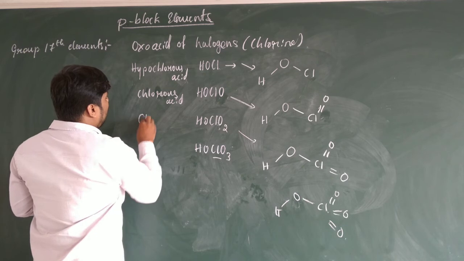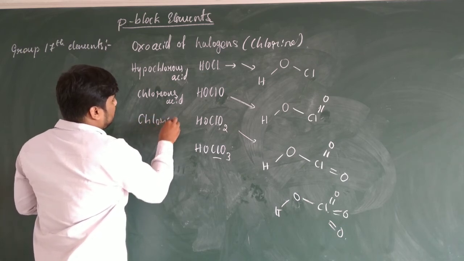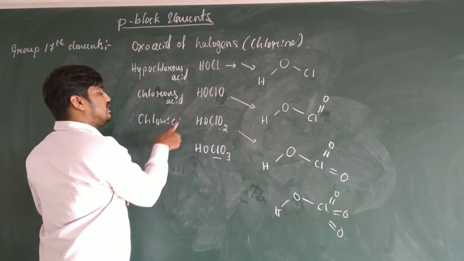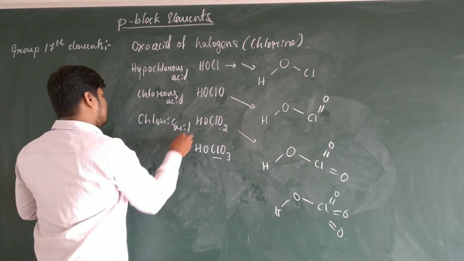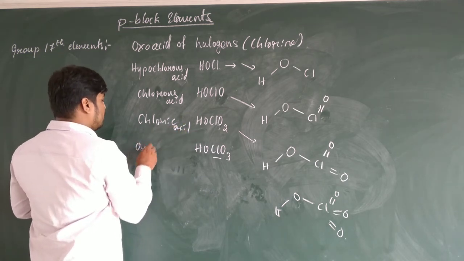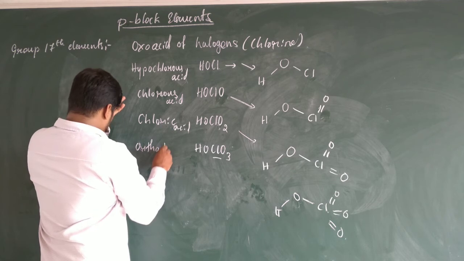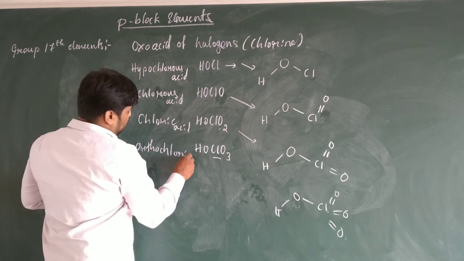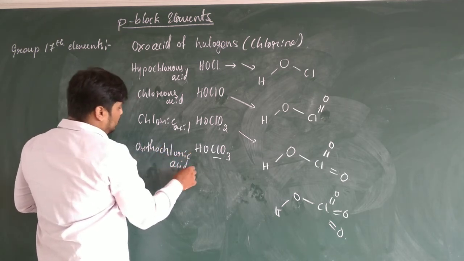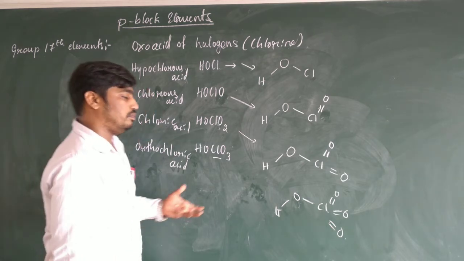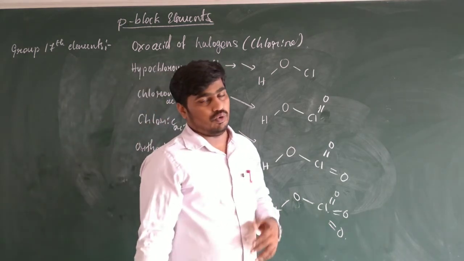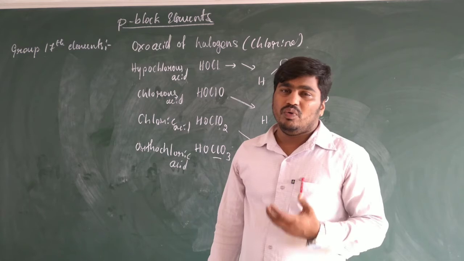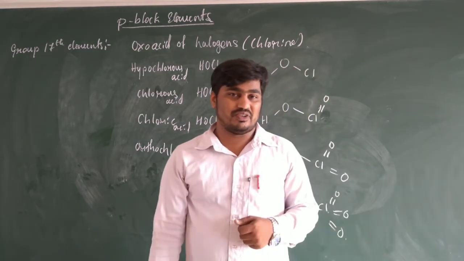Here, chloric acid, as oxidation number increases, because of that 'ic'. Then perchloric acid. So these are the names of the oxoacids of chlorine.